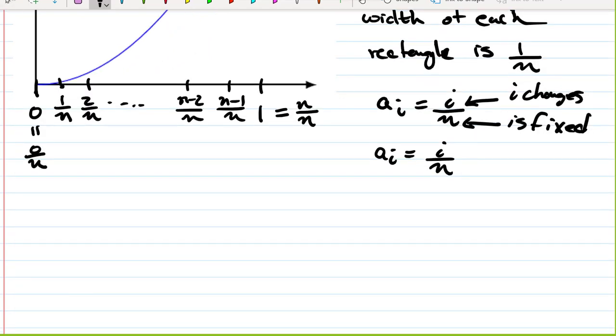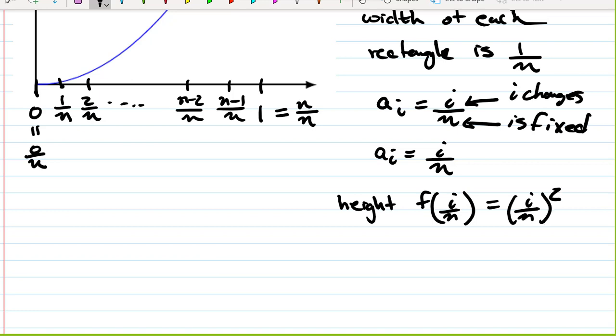So then our height of each rectangle is going to be f of i divided by n, which is i divided by n squared. So our height is going to be i squared over n squared.